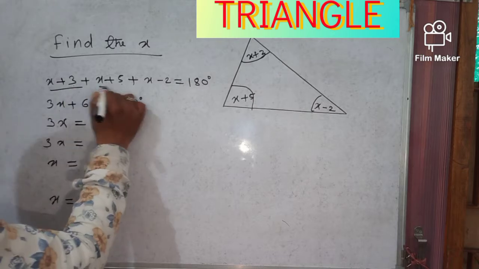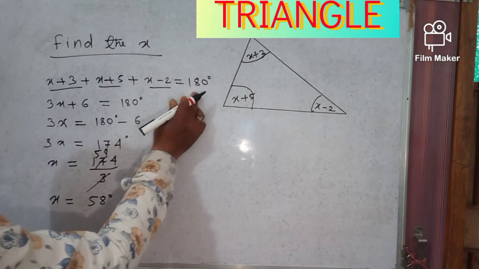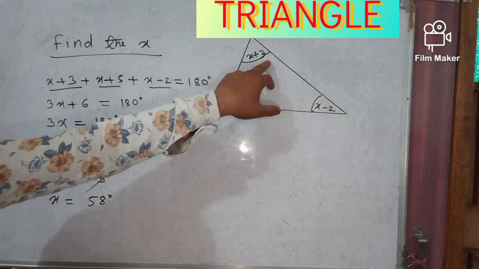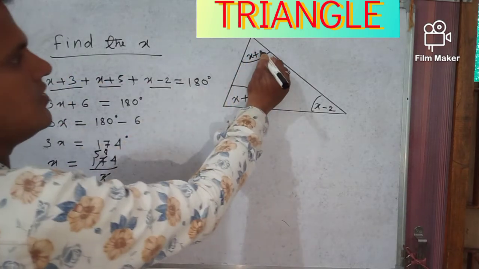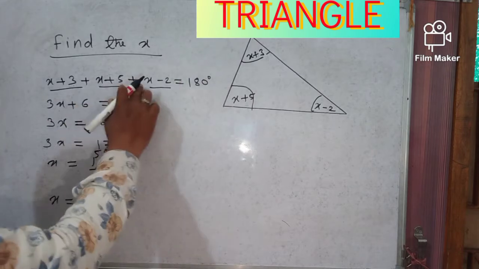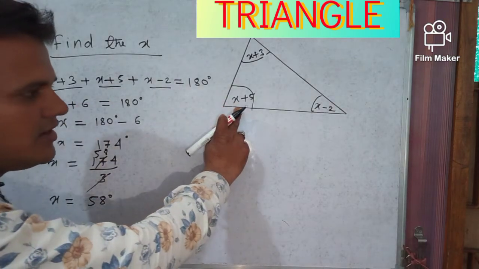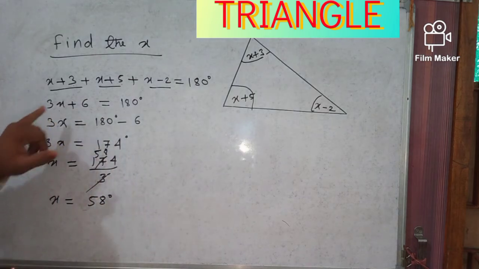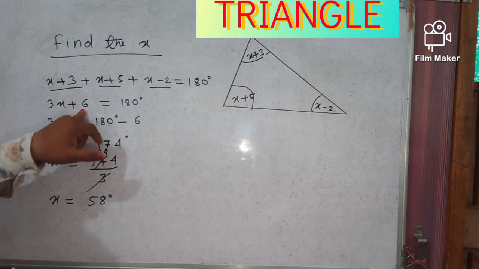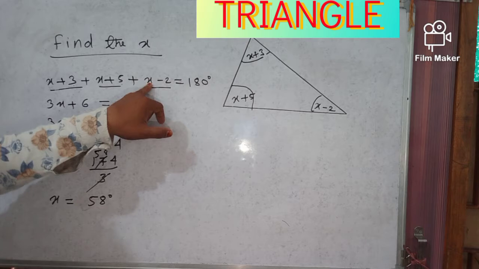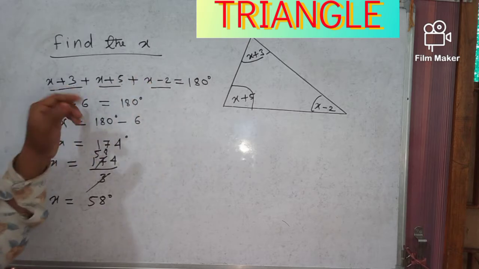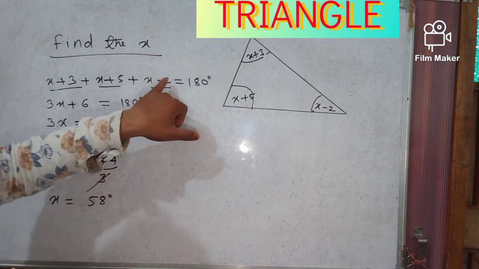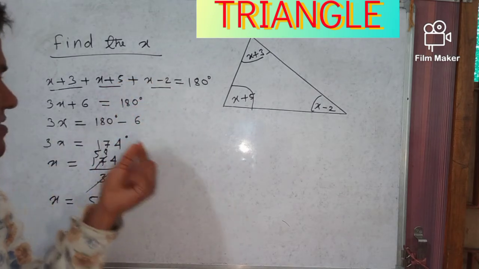Angle 1, angle 2 and angle 3 is equal to 180 degrees. x plus 3 is the first angle, x plus 5 is the second angle, and x minus 2 is the third angle. So 3x plus 6, because x plus x plus x is equal to 3x, 3 plus 5 is 8 and minus 2, so 8 minus 2 is 6.